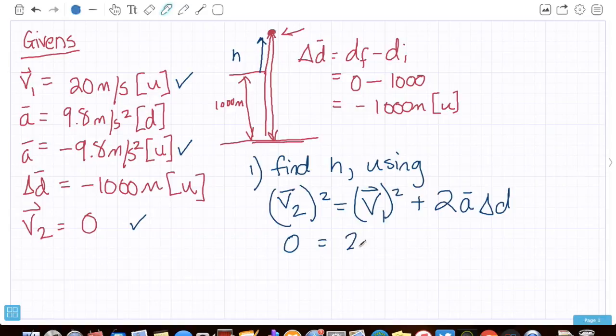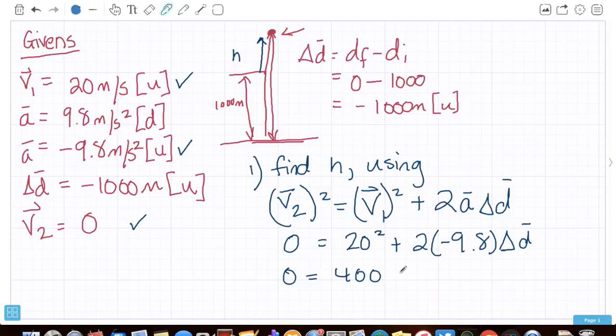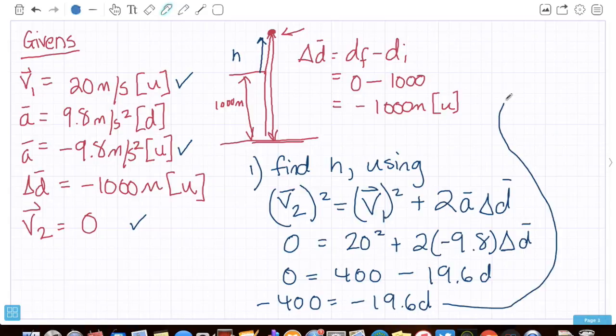V1 is 20 squared plus 2 times negative 9.8 times delta D. And then this becomes 400, this is negative 19.6. We bring this over to the left side. And then when we work this out, delta D ends up being 20.4.